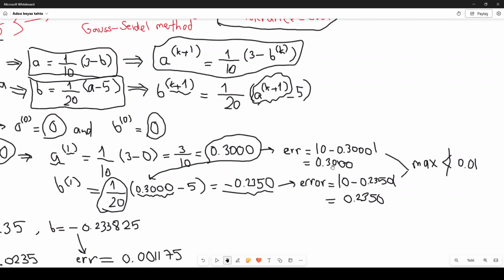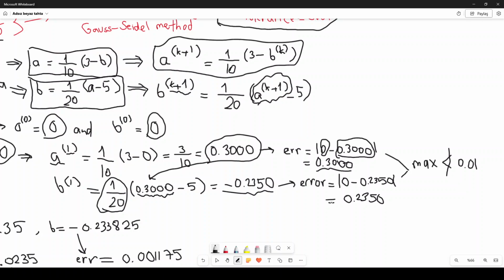So our initial guess for the unknown variable a is 0, and the value of the unknown variable a at the end of the first iteration is 0.3. So I just take the difference and I take the absolute value, and look what I have found. 0.3000, this is the error for the unknown variable a.